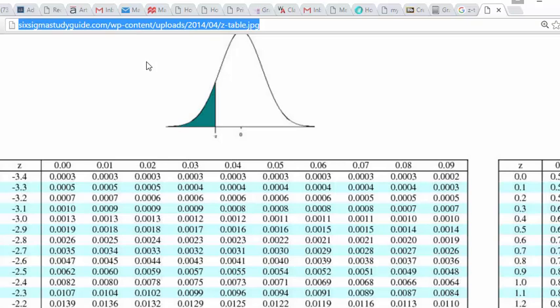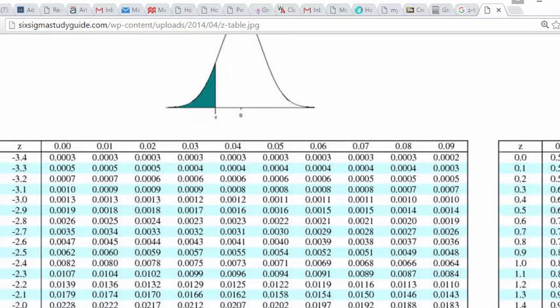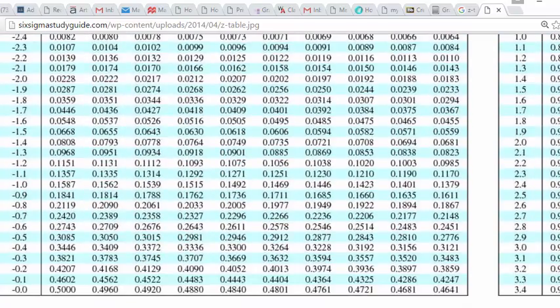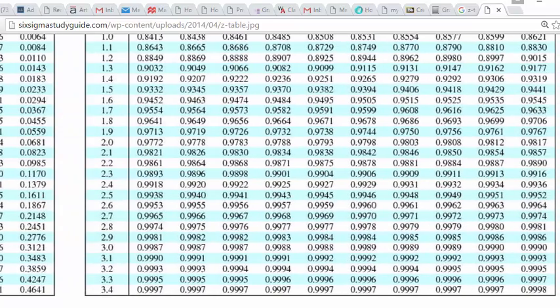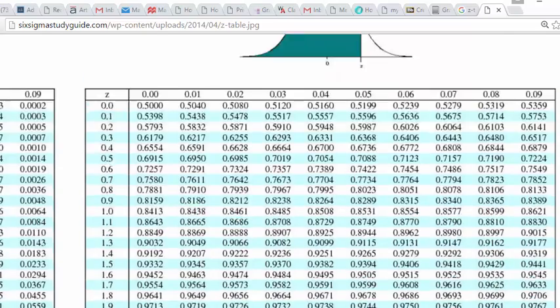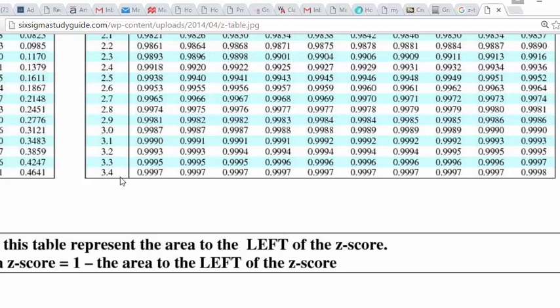The first thing that I want you to see is that on the left side, the first column has numbers from negative 3.4 down to negative 0, and on this side we have another table that has the positive z-scores from 0 to 3.4.